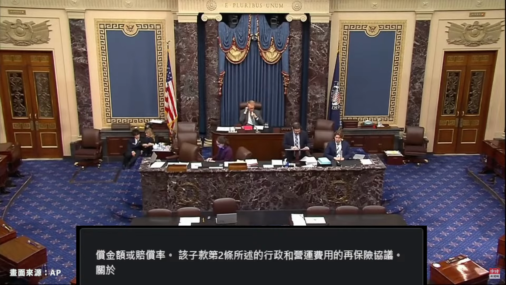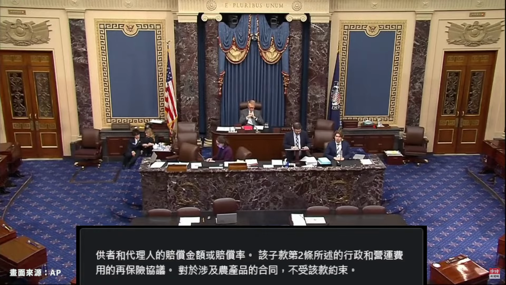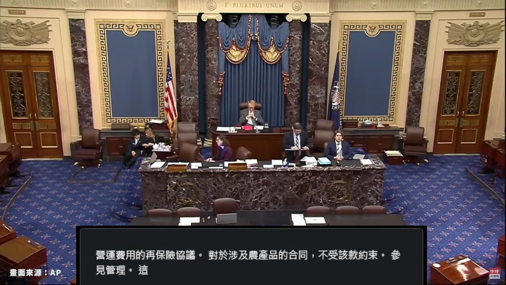C, administration. The requirements of this paragraph and the adjustments made pursuant to this paragraph shall not be considered a renegotiation under paragraph 8A.